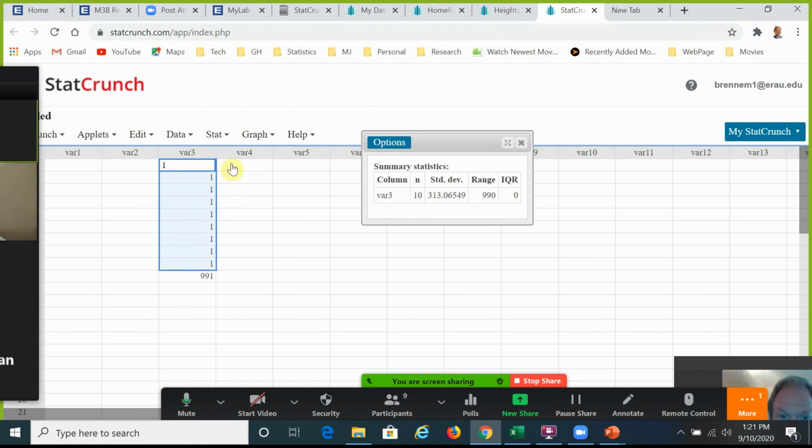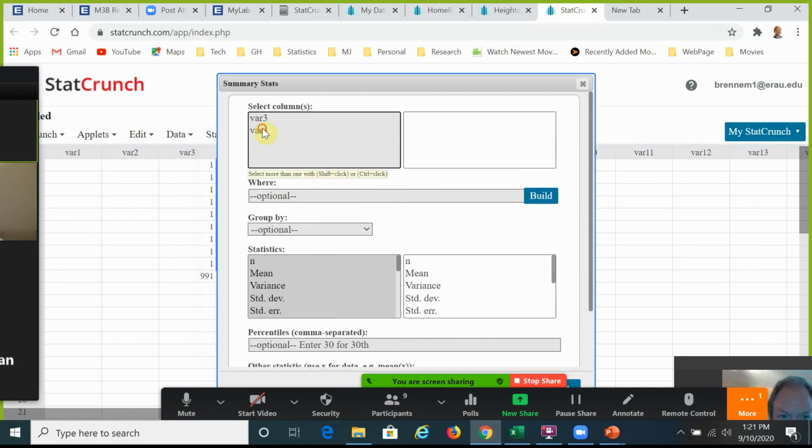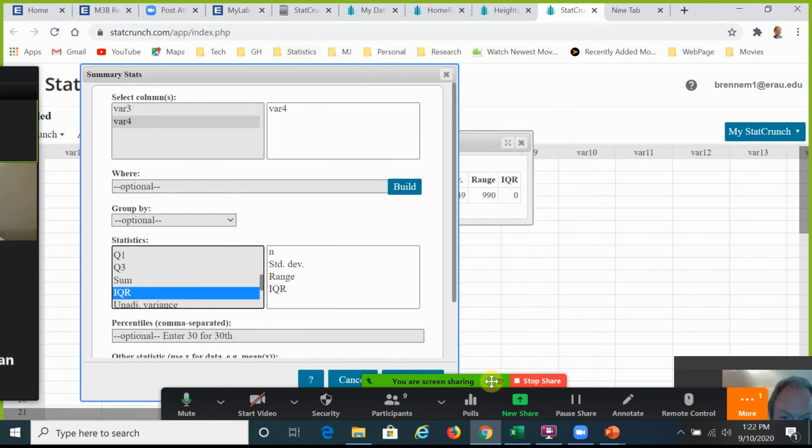I want to show you this because this is an important point. I'm going to analyze the same data set. Summary stats. I'm going to choose N and standard deviation this time. So this is an excellent question, because you might say, well, maybe it really is 990, right?